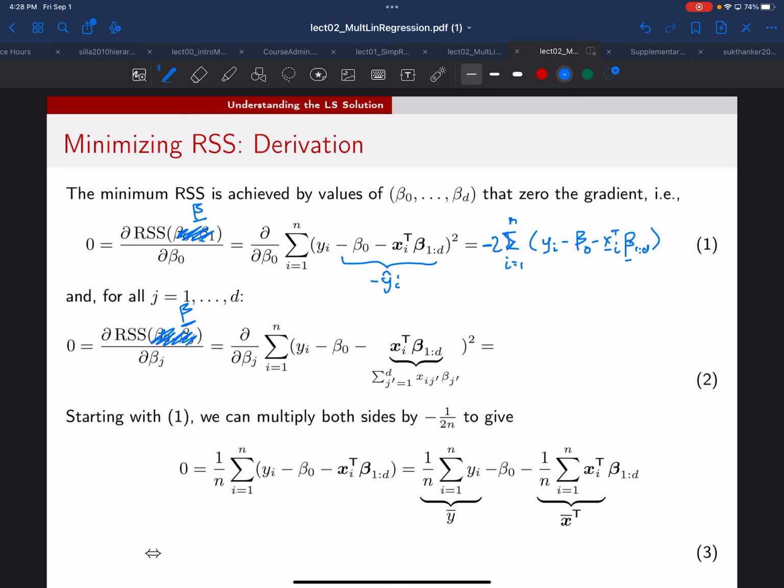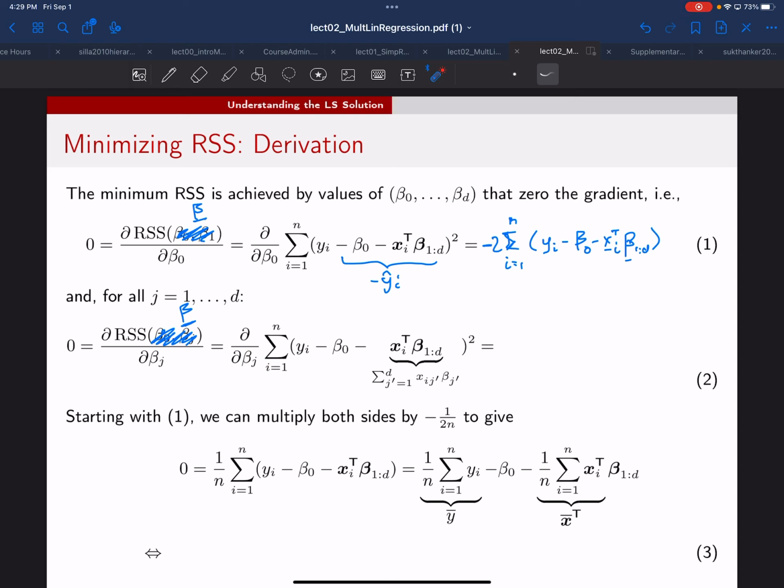And now we have to do it again to the same expression, but we're going to take the partial derivative with respect to beta j. The beta j is one of the terms inside this beta vector. So to draw it out, let's replace this vector product here with the summation version of it. And just like we talked about last time, j has a special meaning here. j is a fixed quantity.